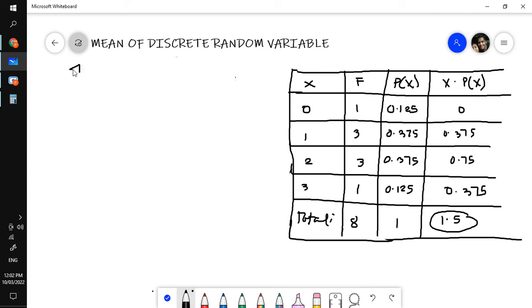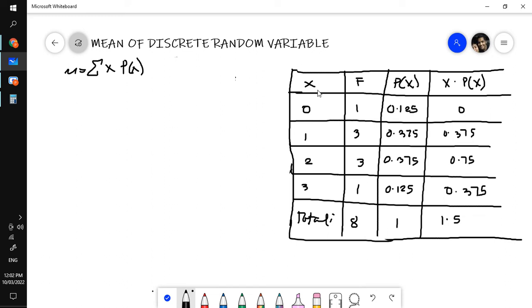The formula for the mean, which is denoted by the symbol mu, let me erase this. It's just given by mu equals the summation of x times p of x.